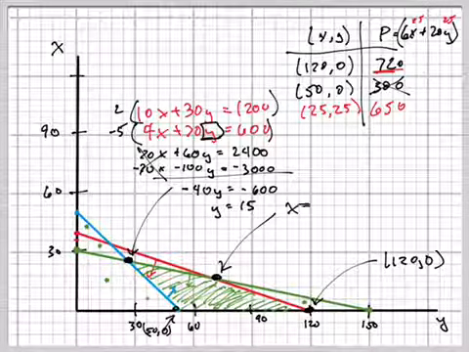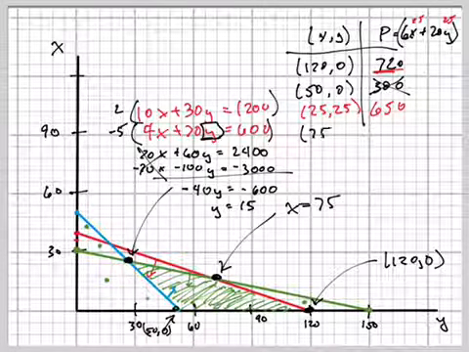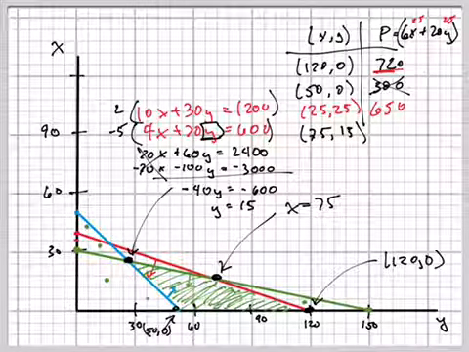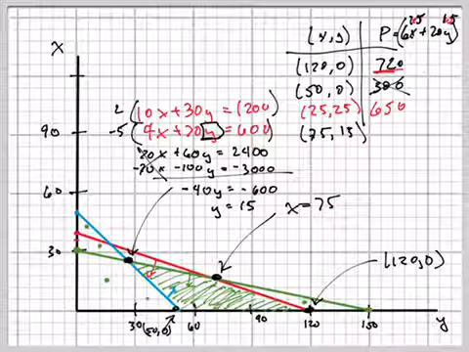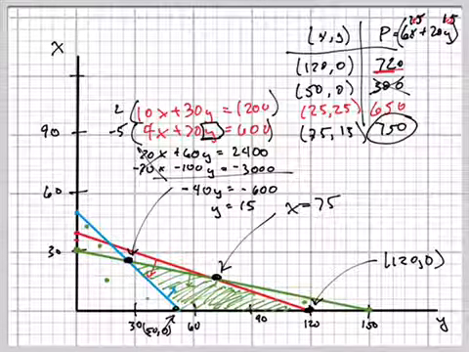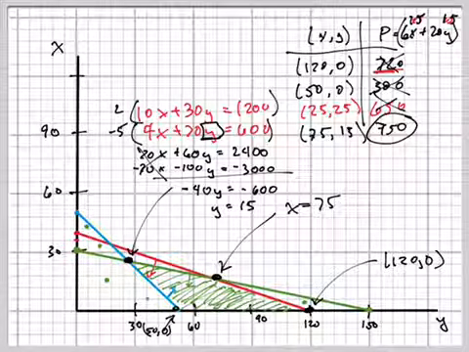Yep. x equals 75. So let's try that point out. 75 comma 15. If I plug 75 in for x and 15 in for y, what do I get for my profit? Which is 750, and that is the highest one. That's higher than 720 and 650.